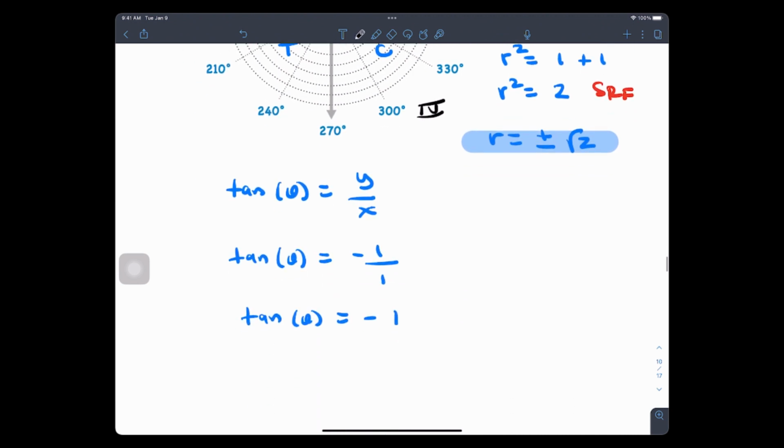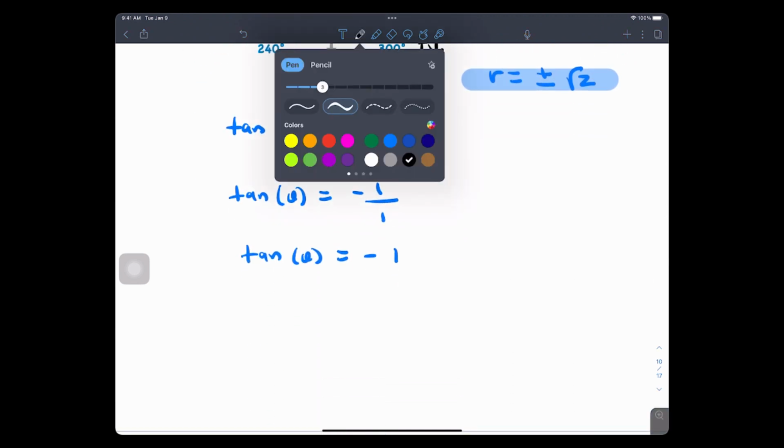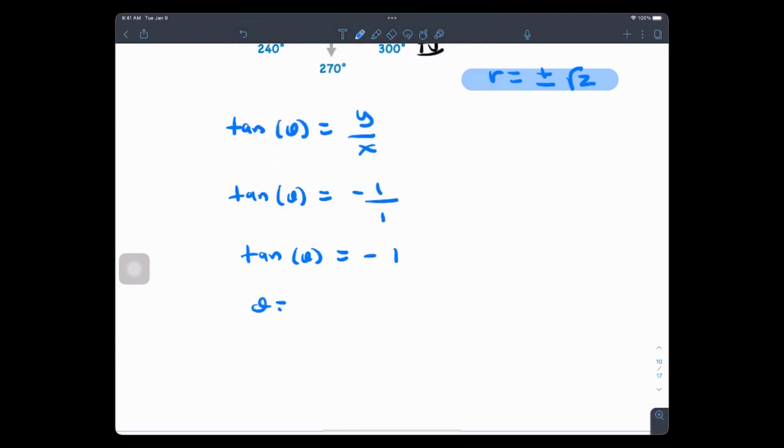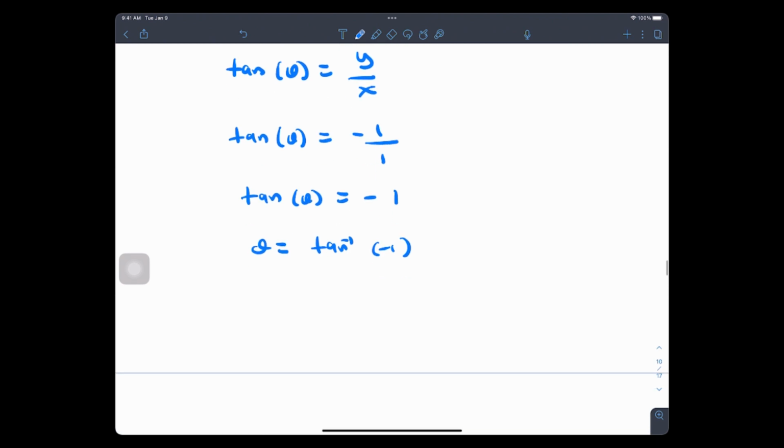So what does that mean about my theta then? What can I say about theta? You guys just got through doing the inverse tangent, or you can use inverse tangent. You can say theta is negative pi over 4. Is that right? Isn't that a quadrant 4 angle?